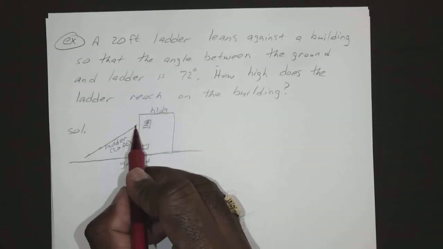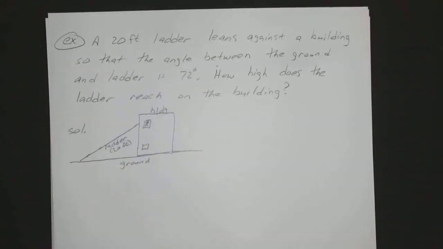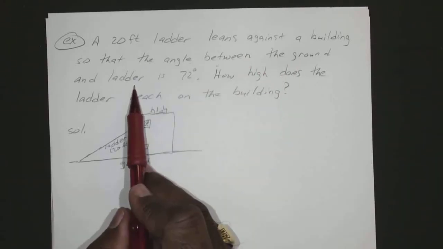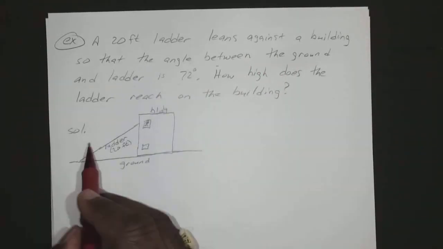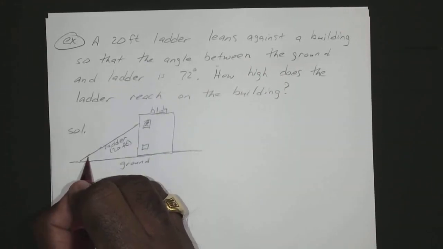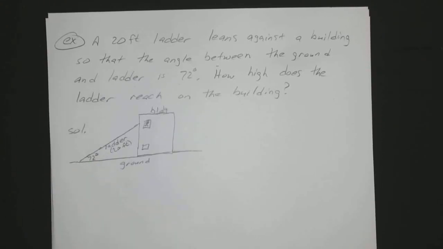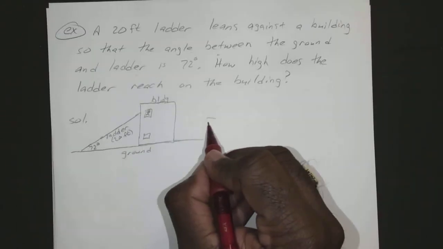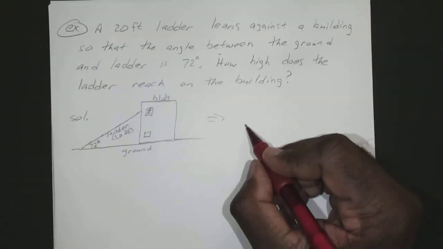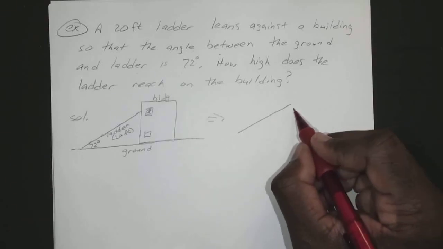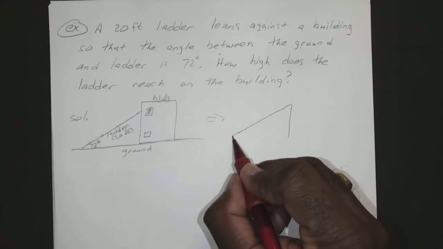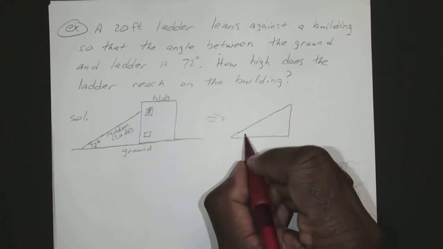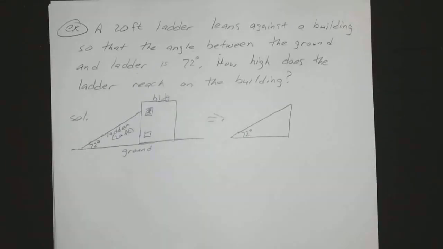Okay, so we have our 20-foot ladder leaning up against the building, and the angle between the ground and the ladder is 72 degrees. So that means this angle here is 72 degrees. If we shift that out to an actual triangle, we have our 72 degrees here.